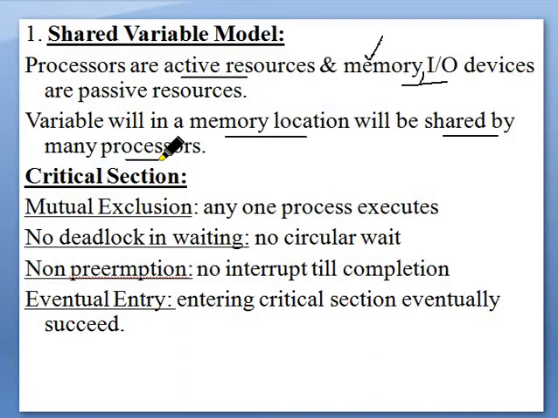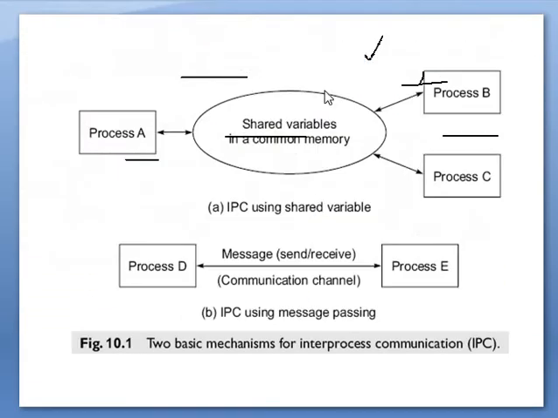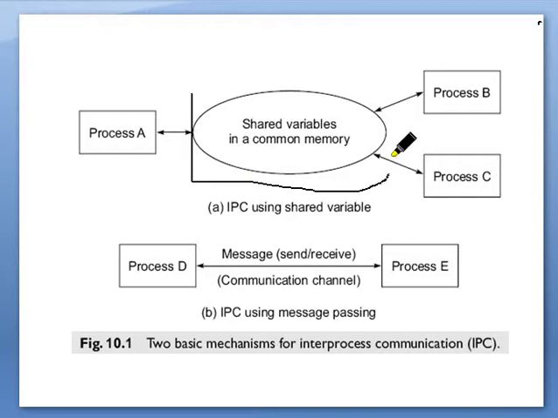Each processor will first access the variable value, then perform the calculation, and next update the answer. Here the memory location where we stored the data, we call it the critical section. I repeat, this is going to be the critical section where we have stored the data.